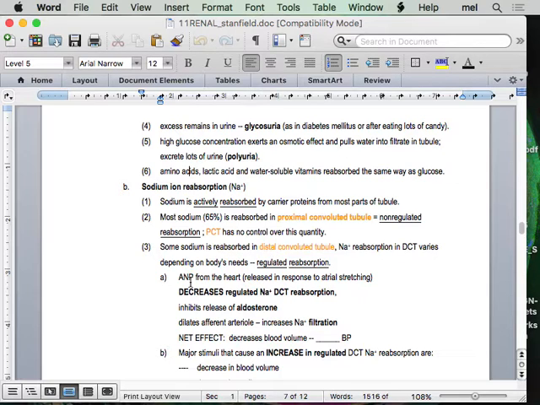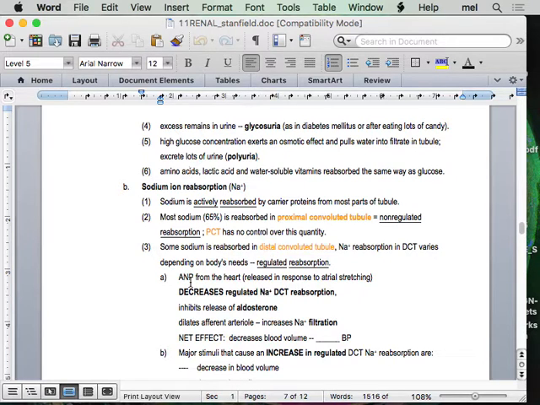You have to pay to reabsorb sodium. Most of it, about 65%, will be reabsorbed at the proximal convoluted tubule back into the peritubular capillaries. This is what we call non-regulated reabsorption of sodium, meaning you have no control over it, hormones have no control over it, nervous system has no control over it.